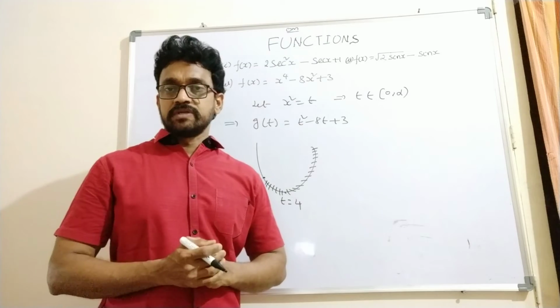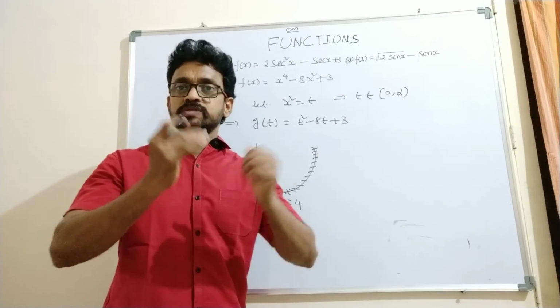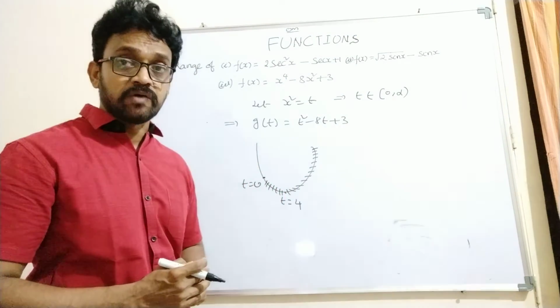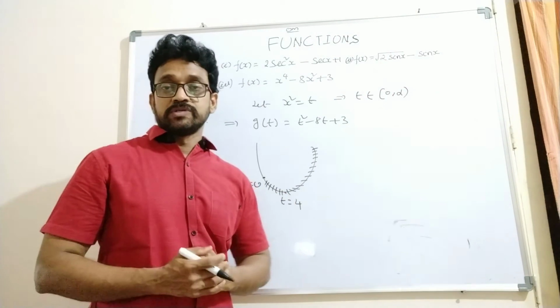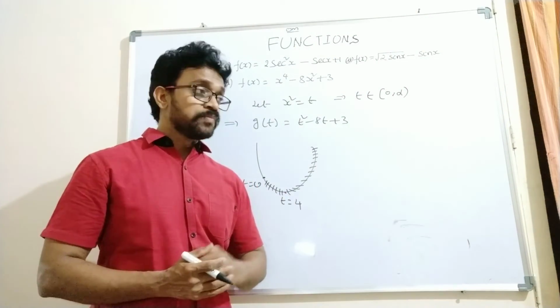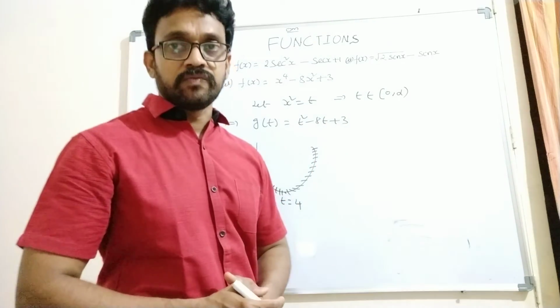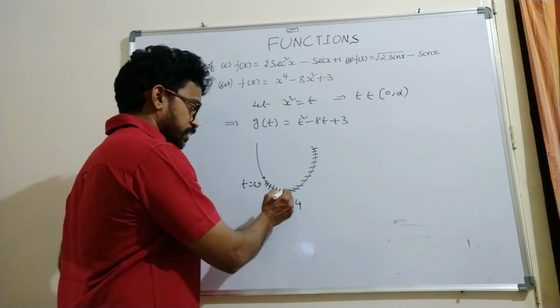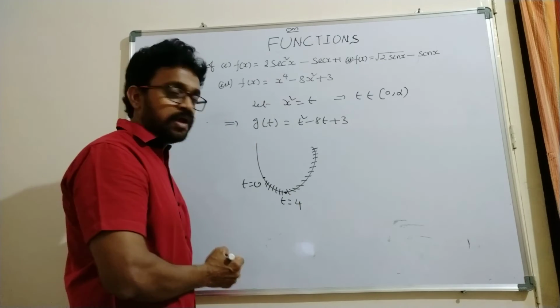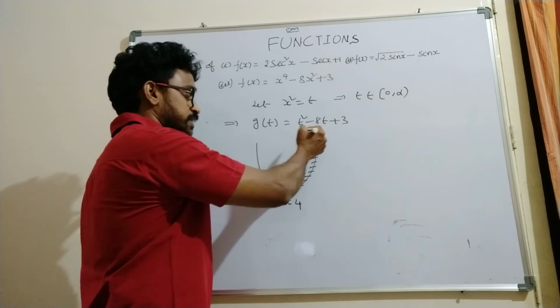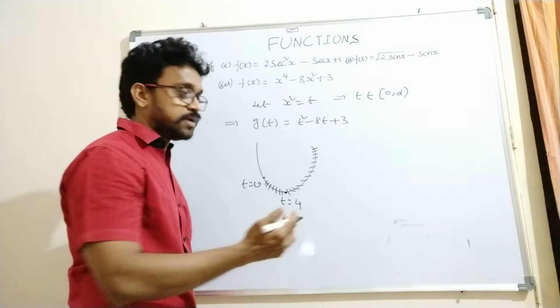Now you want range. Range means what? The collection of the possible values of the function. So you observed here where will occur minimum possible value of f and maximum possible value of f. So very clear here, minimum possible value of the function will occur at this point and maximum value tends to infinity.